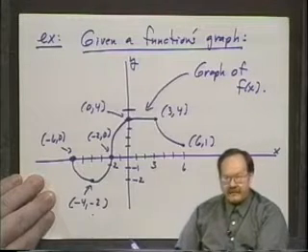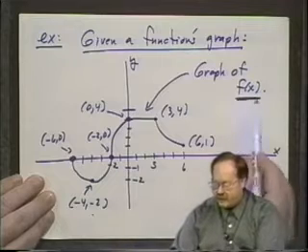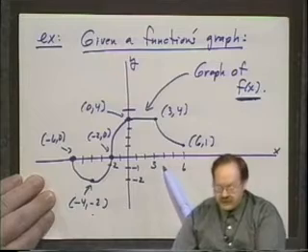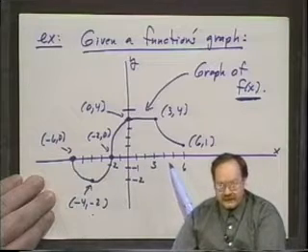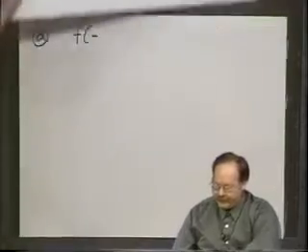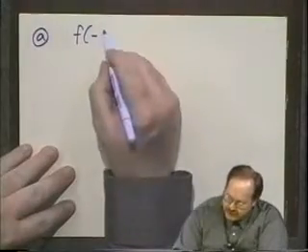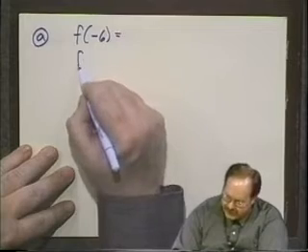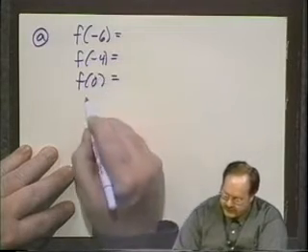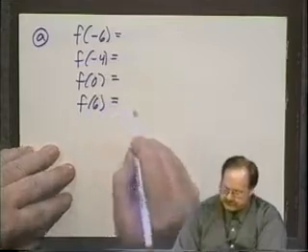Okay, that'll be the graph of that. Now I don't have a formula for this. I don't know anything other than the picture. It is a graph of a function, though, by the vertical line test. You can see that because no vertical line is going to strike more than once. Suppose I want to compute f of minus 6, f of minus 4, f of 0, and say f of 6.